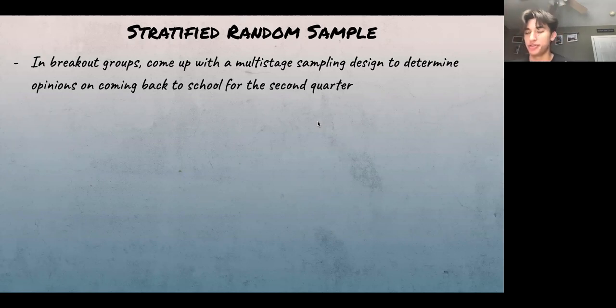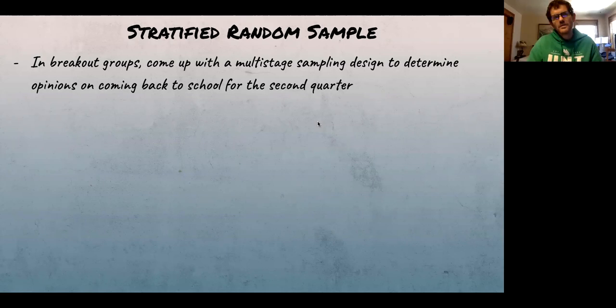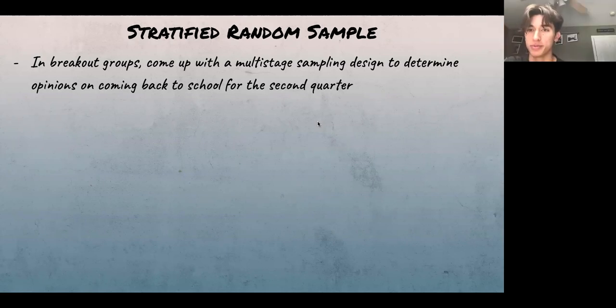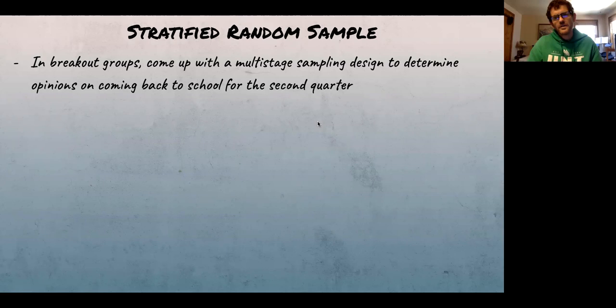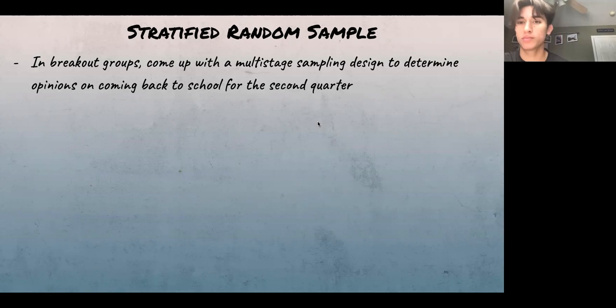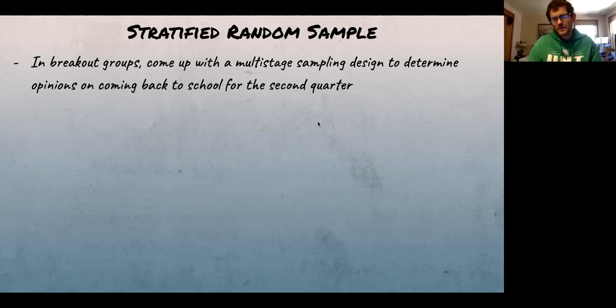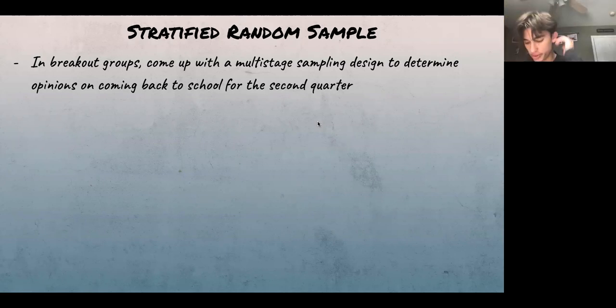I don't know. It just makes the sample smaller. Okay. Instead of doing like 400 kids per grade, we'd be doing like 50 to 100. Okay. So we just need to define what our clusters are going to be. But that's not a bad idea. We said divide them up into different grades because, depending on the class, some kids would want to go back more than others.